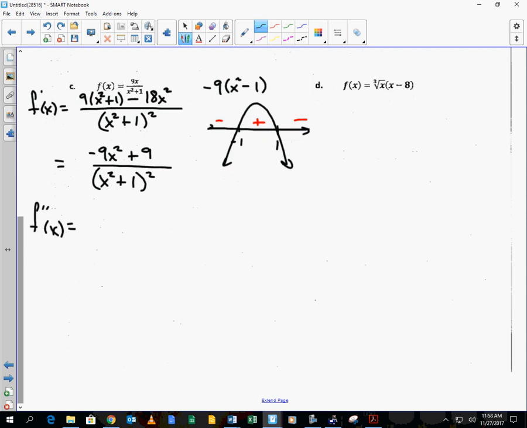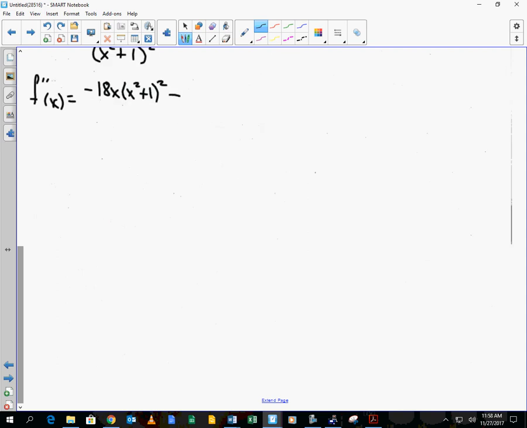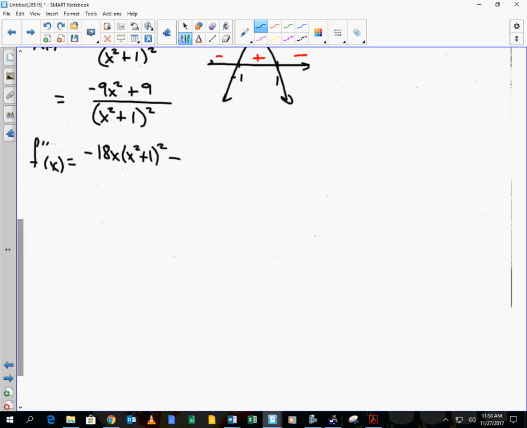Quotient rule. This gets a little disgusting. Derivative of the top, negative 18x, times the bottom, minus what? Minus the top, negative 9x squared plus 9, times the derivative of the bottom.